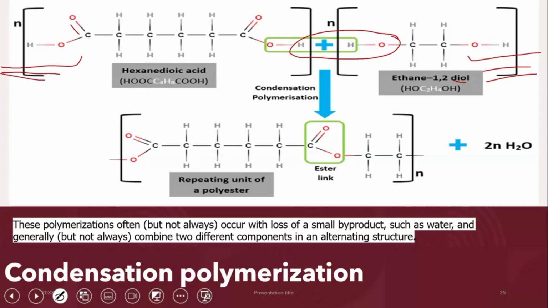And as a result, you will end up getting a long chain of molecule. And of course, in the process, we're getting a molecule of water. Hence, it is a condensation reaction, right?